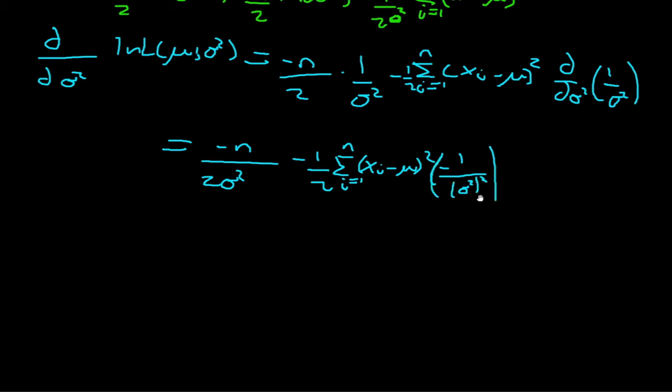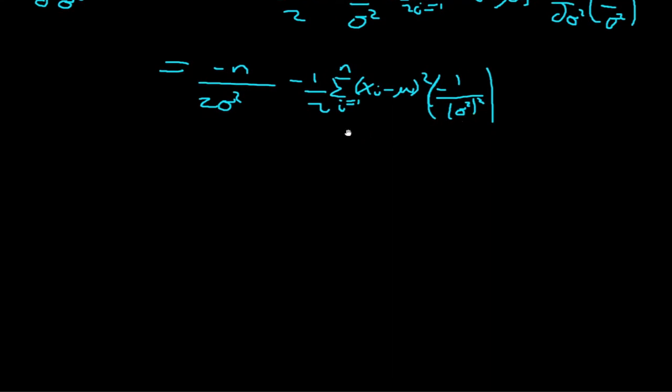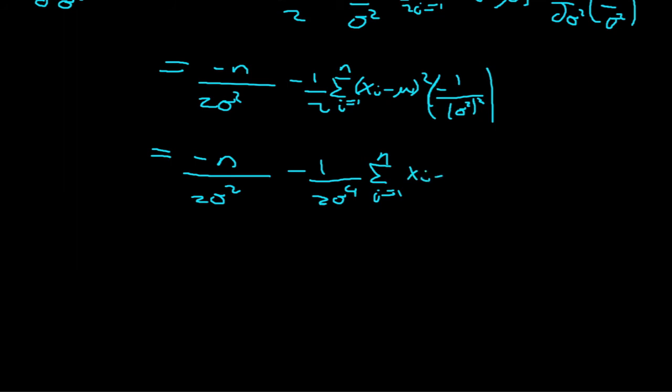So that of course will just be equal to minus 1 divided by sigma raised to the power 4. So let's go ahead and write that out right here. Sorry, I'm not being a bit neat. Okay, times the sum from i equals 1 till n of xi minus mu squared.